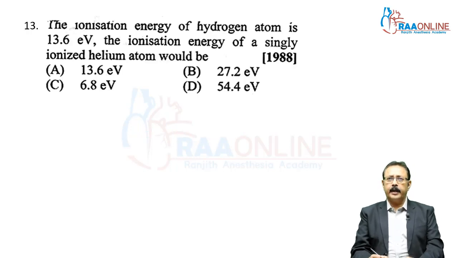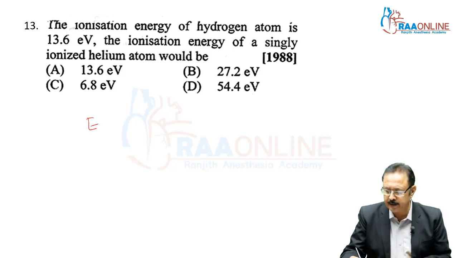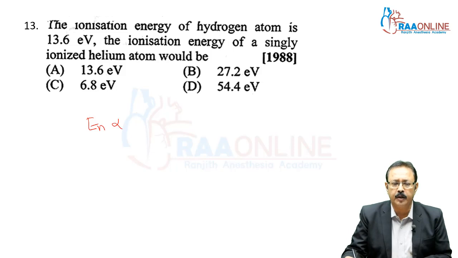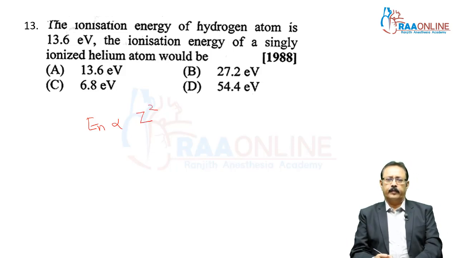Now it is from 1988 AIPMT. The ionization energy of hydrogen atom is 13.6 electron volt. The ionization energy of a singly ionized helium atom would be, we know that energy is proportional to Z square, and for helium Z is 2. 2 square means 4.